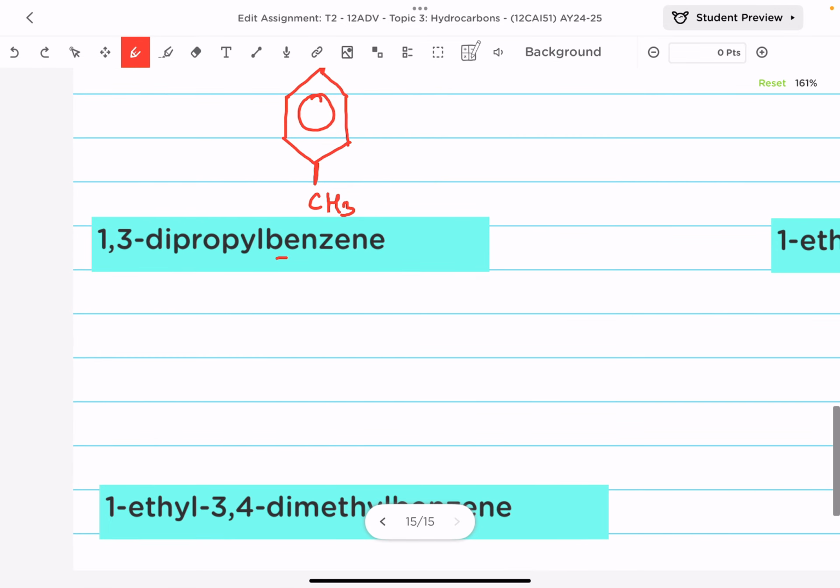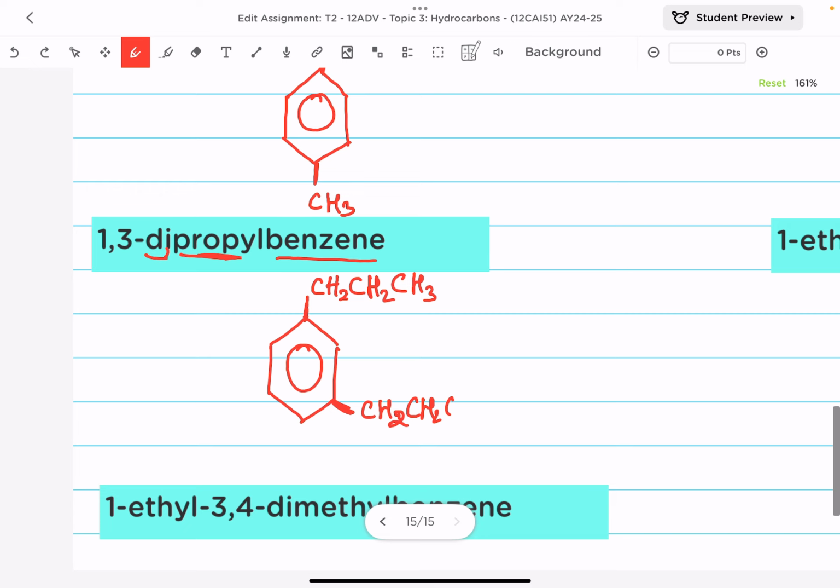Another example, I have a benzene. Here's the ring, that's a benzene ring. On the first and the third, I have 2 propyl, 3 carbons, CH2, another CH2, and CH3.